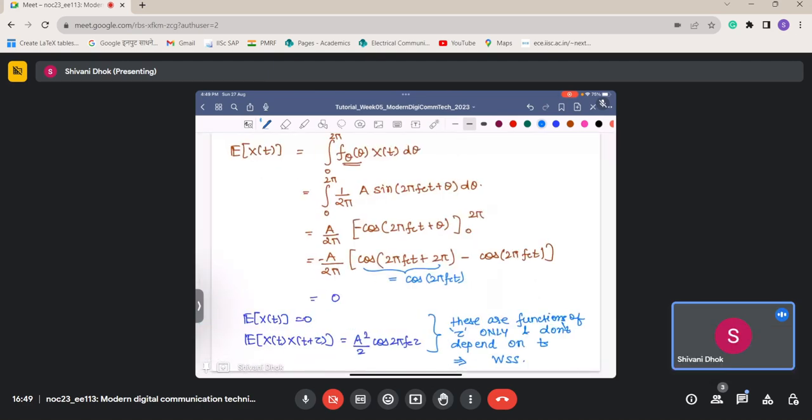This autocorrelation function, if it is independent of time, if it doesn't depend on time and just depends on how much delay you have, then in that situation it is a WSS process.